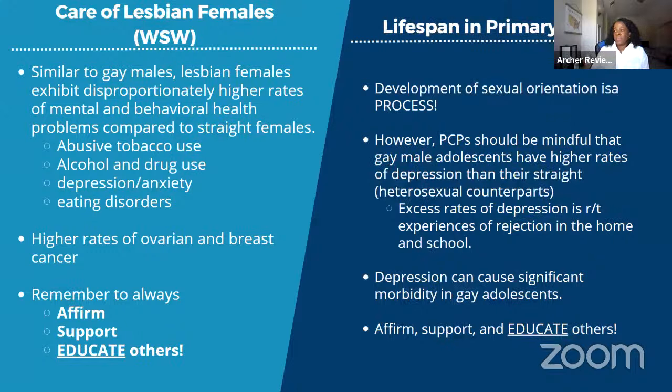So, lifespan over primary care. Let me go back. Again, with the males, it's always important to affirm, support, and educate others. And when we look at the lifespan in primary care, the development of sexual orientation is a process.